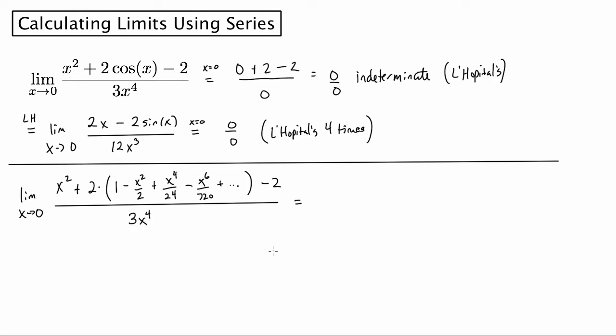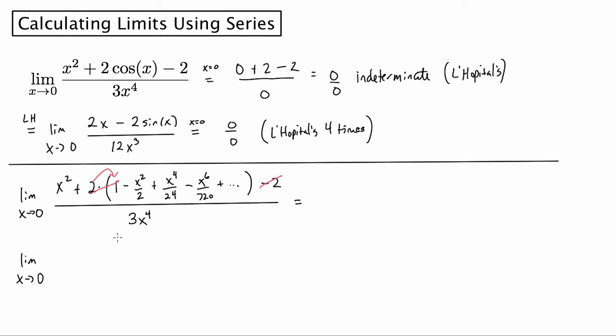Now, I'm not ready to apply the limit as x goes to 0 yet. What I'd like you to see is if we make the calculations here and look at the terms that are involved. One of the things you immediately see is this 2. The first term here is 2, and then this is a negative 2, so those will cancel. And then you've got x squared minus the x squared, so those would be gone as well. You can see how that numerator is going to simplify down.